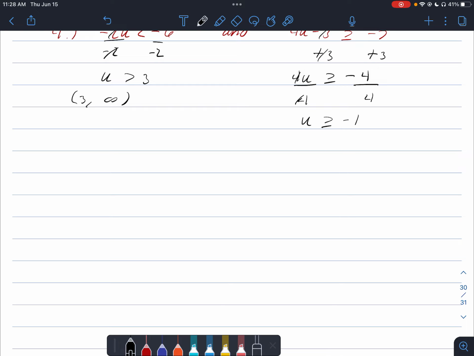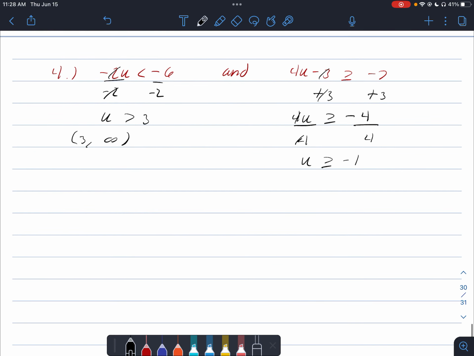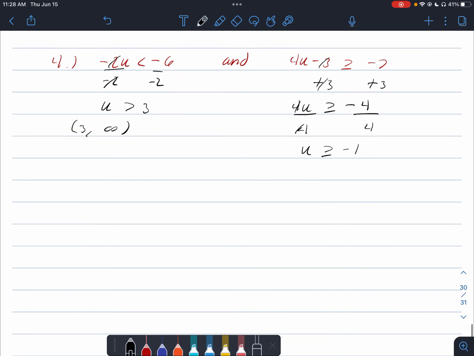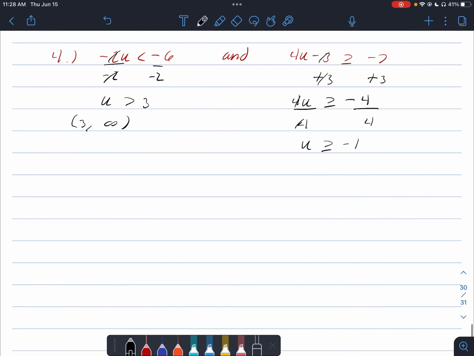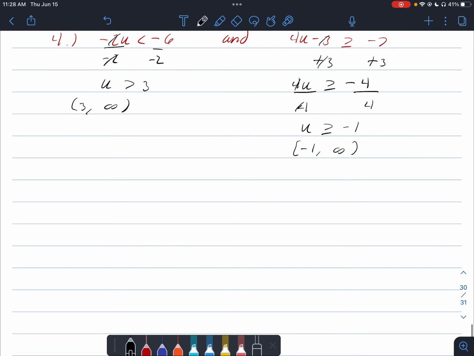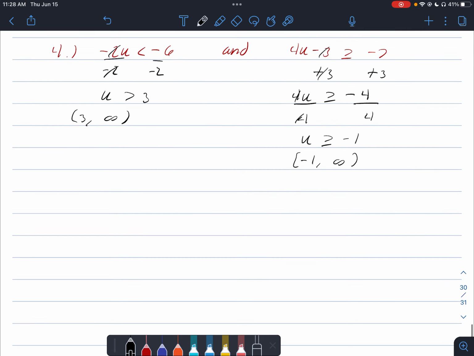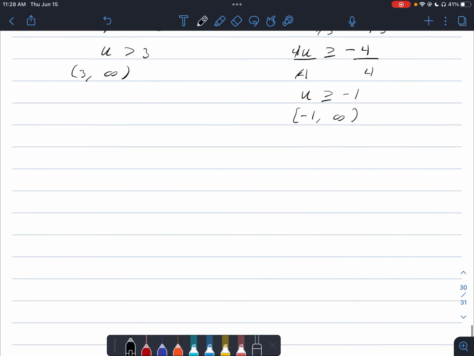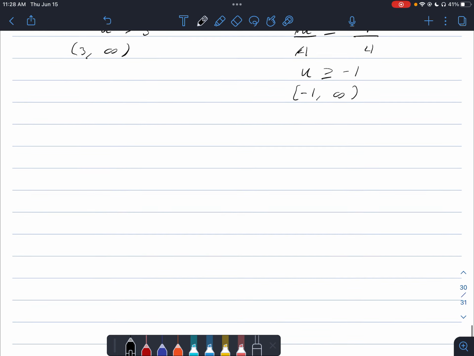So we have -1 to infinity. Okay. So now what we're going to do is we're going to figure out which values satisfy both of these at the same time. Okay? And we'll figure out what the overlap is.